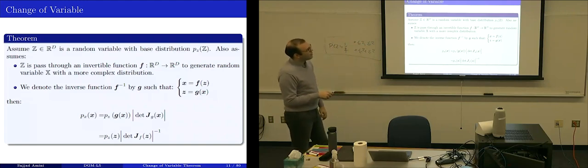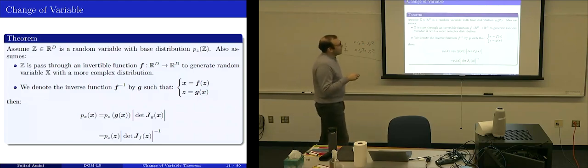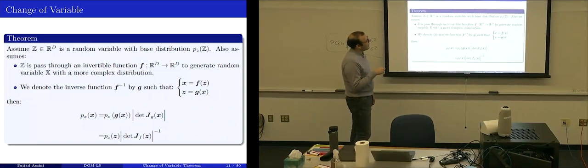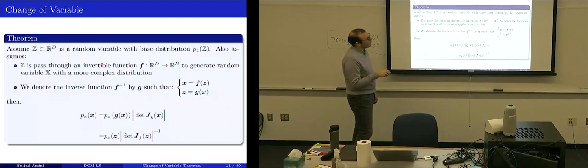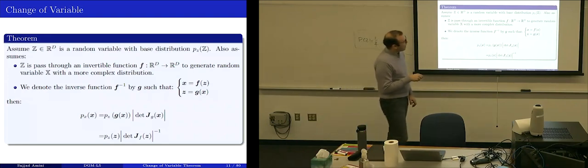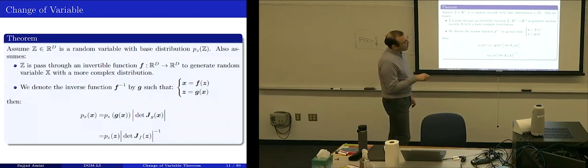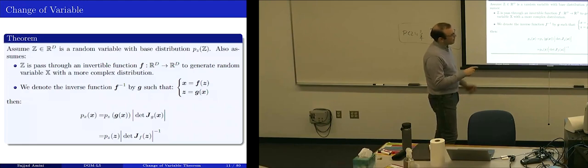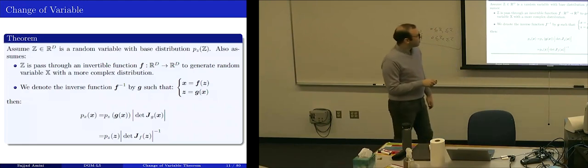Because they are in the same dimension, for clarification, I use PZ of Z. Z is passed through an invertible function f to generate a random variable x with a more complex distribution. We denote the inverse function by f^-1, which we call g. So x is f of z, and z is g of x. g is the inverse function of f.